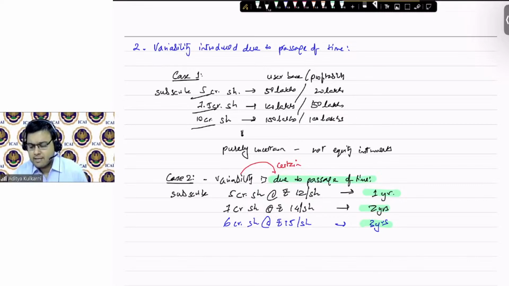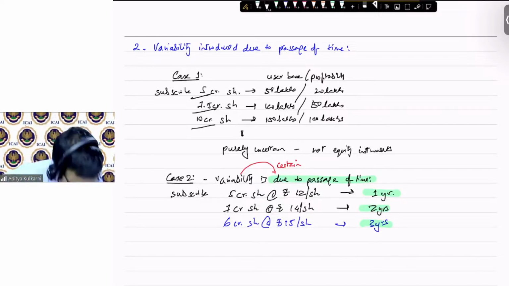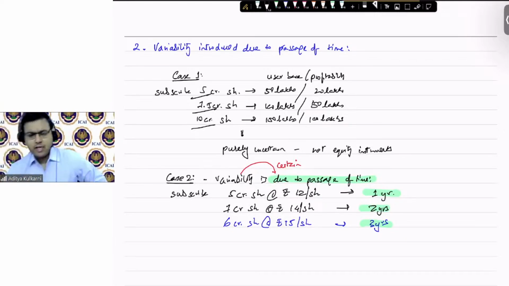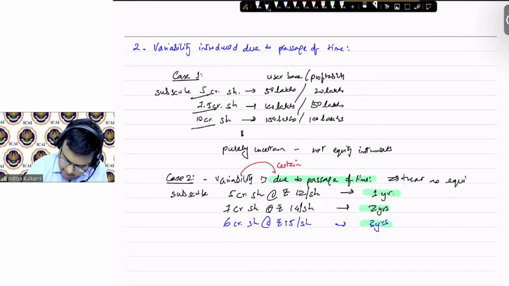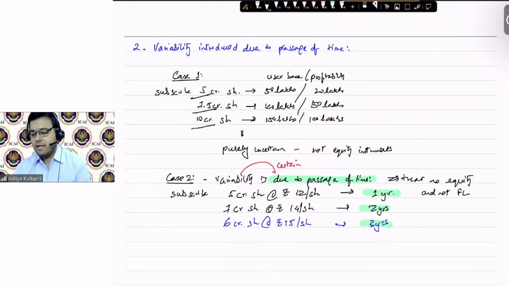Is it okay? Are you able to follow? So in this case, variability is due to passage of time. Treat as equity and not financial liability.